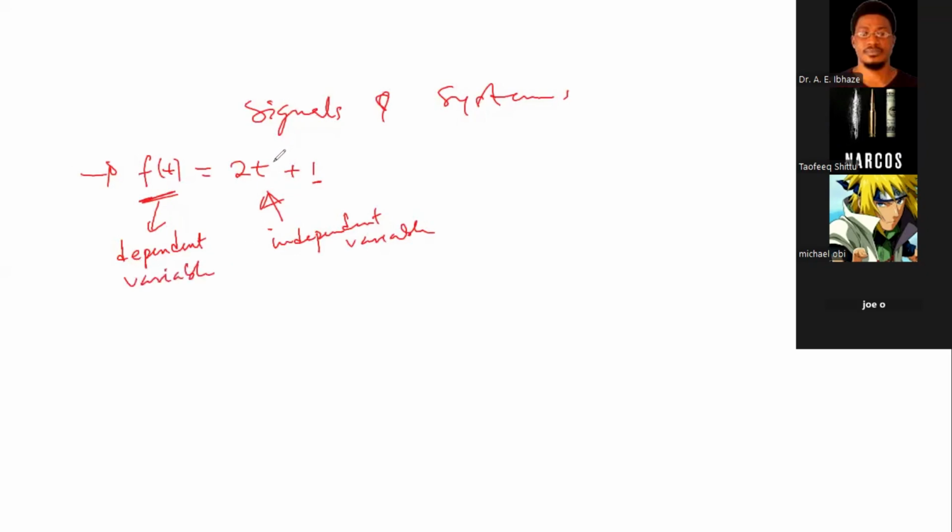As we tweak the value of t, the value of the function changes. So since the value of the function f of t changes with respect to the independent variable, we say it is a signal.